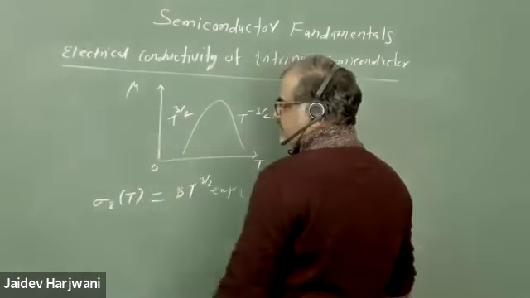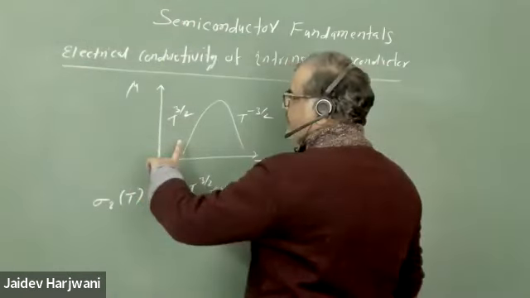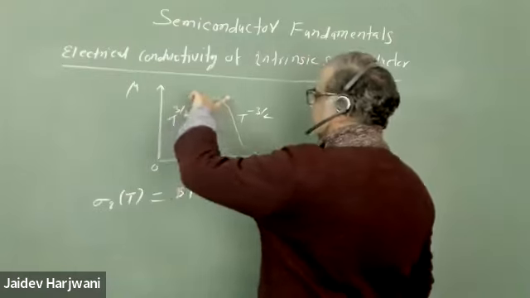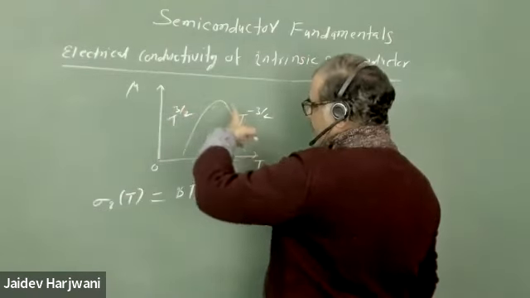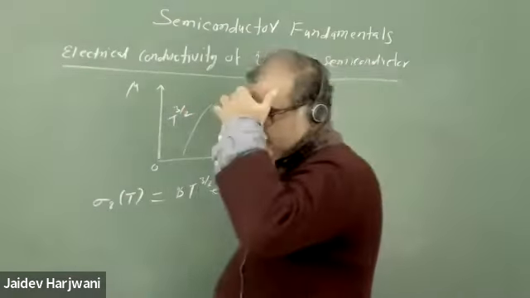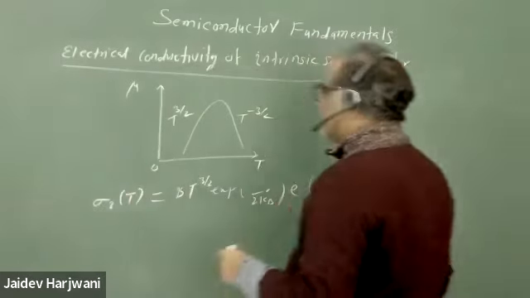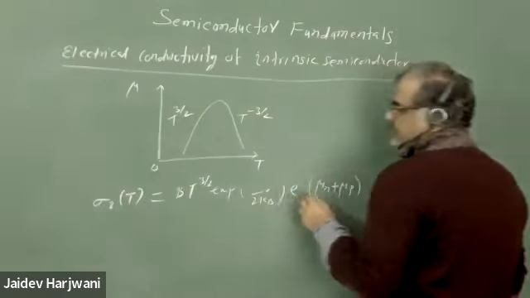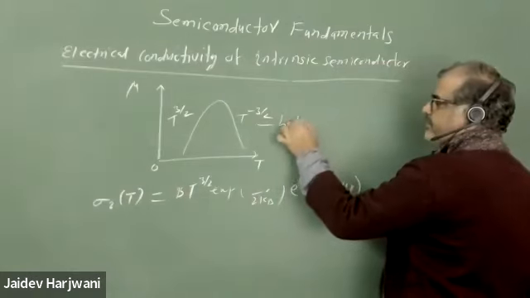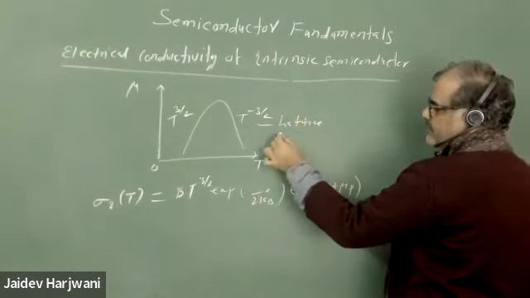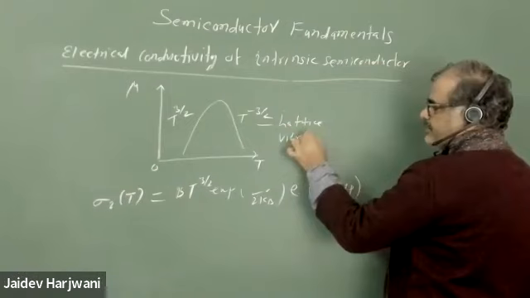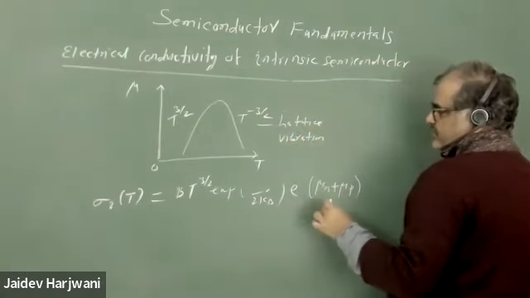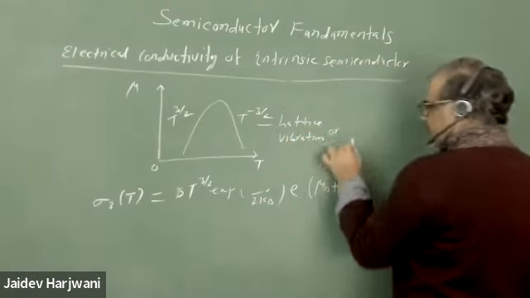So at very low temperature your mobility increases, but at high temperature it slowly decreases with temperature. This decrease in mobility at high temperature is due to lattice vibrations, or phonon scattering.